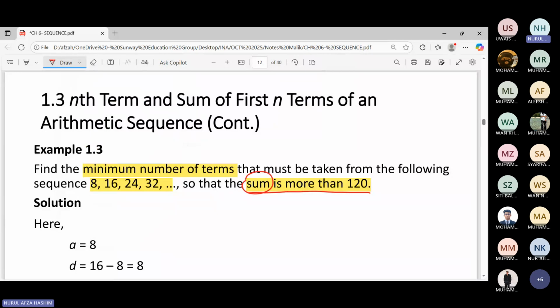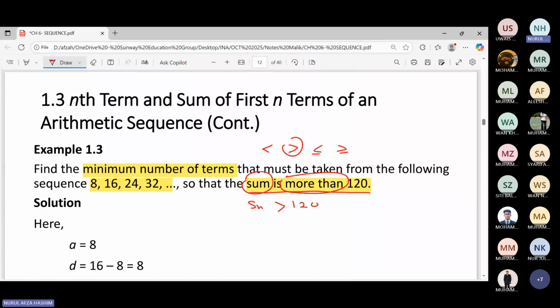Sn, madam. Okay, Sn. How about more than? Which notation should it be, the first, second, third or fourth one? The second one, madam. Okay, Sn is more than 120.